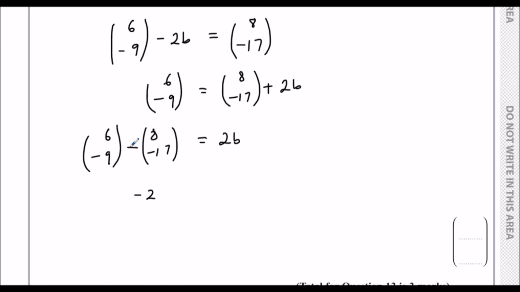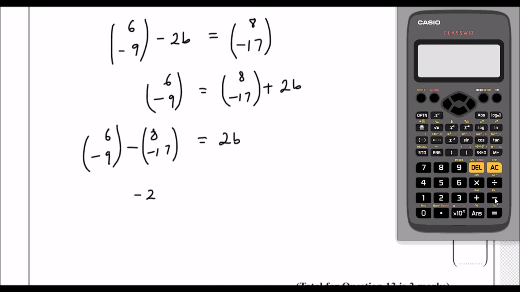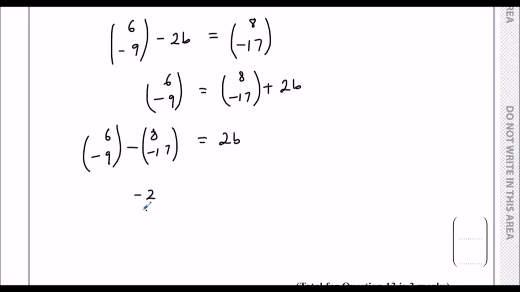Negative 9 take away negative 17. If you take away a negative, you actually add. So negative 9 plus 17 is 8. So (-2, 8) is 2 lots of b. So to find 1b, we half it. So (-1, 4) is b.